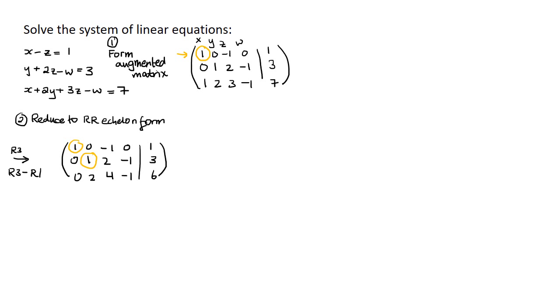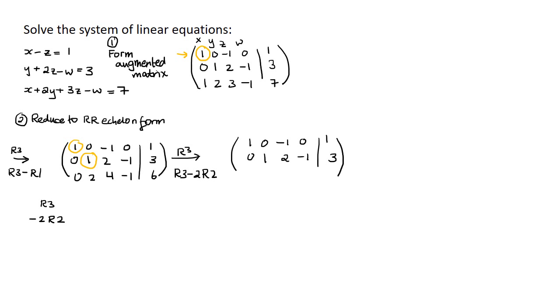Below 1, we have 2. So we're going to replace row 3 with row 3 minus 2 times row 2. Okay.